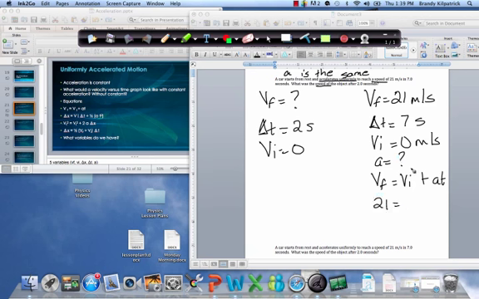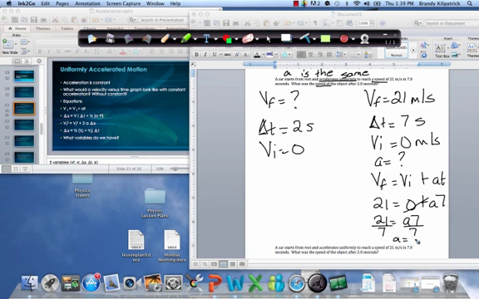My VI is 0. My acceleration is unknown. And then my time is 7 seconds. So let's go ahead and get rid of the 0 because it does not impact my problem. Adding 0, subtracting 0 will not impact anything. So it's 21 is equal to A times 7, or 7A.